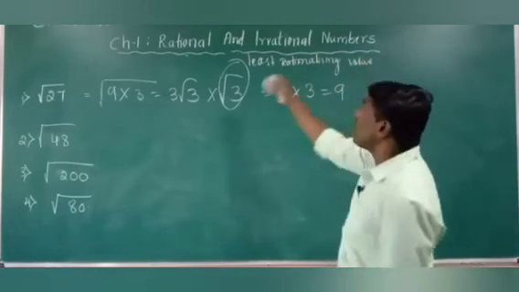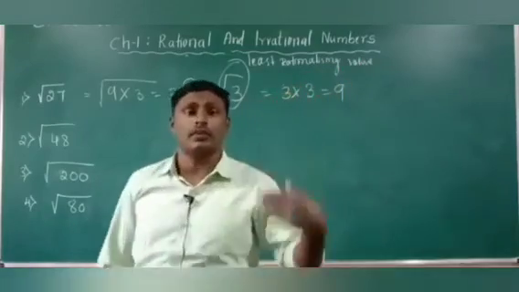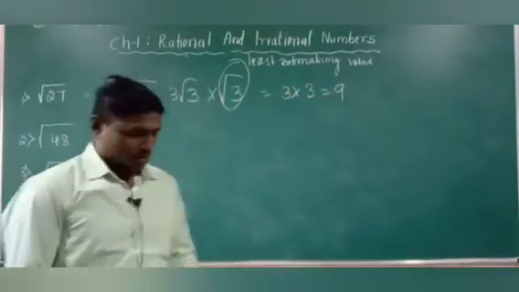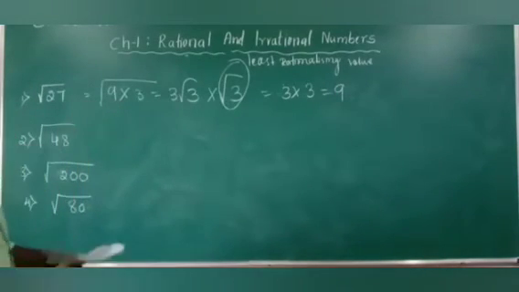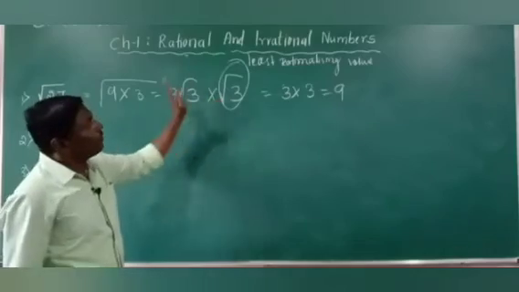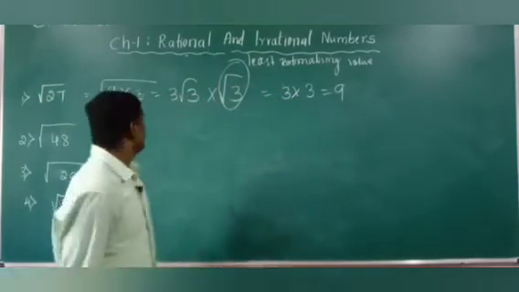This is the required one, at least one number. In some problems we need two irrational numbers. So root 3 is called the rationalizing factor, and with its help we get a rational number.